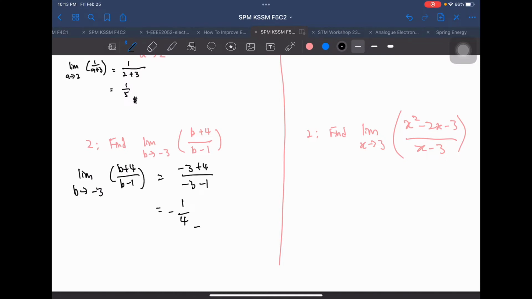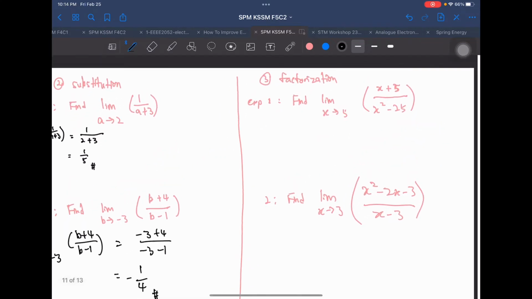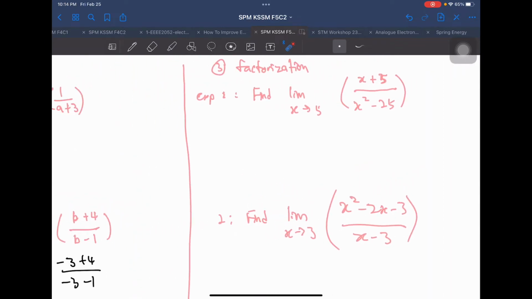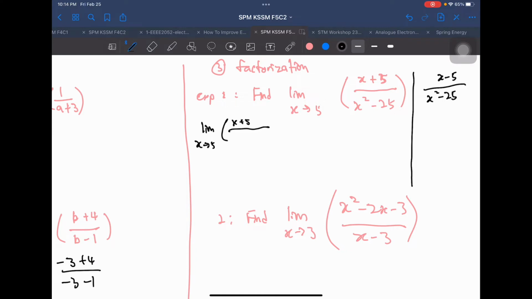so this is the third part, factorization. Let's see the first example. Since this is x plus 5, I would like to have another example where this is x minus 5. So let's see what happens. Let's do the first example, when it is plus. As we said, this is factorization. Can you see what can be factorized?